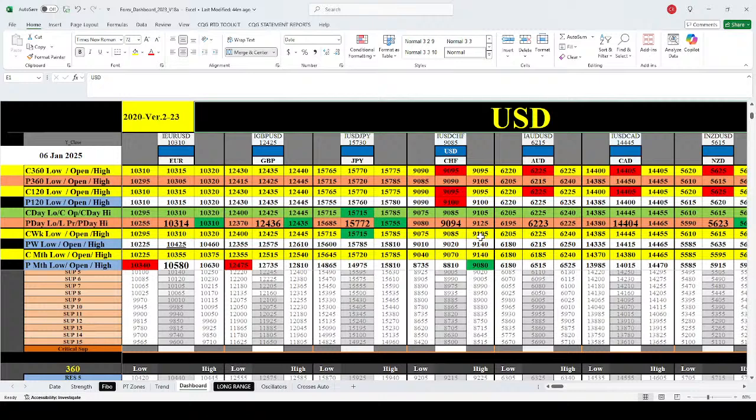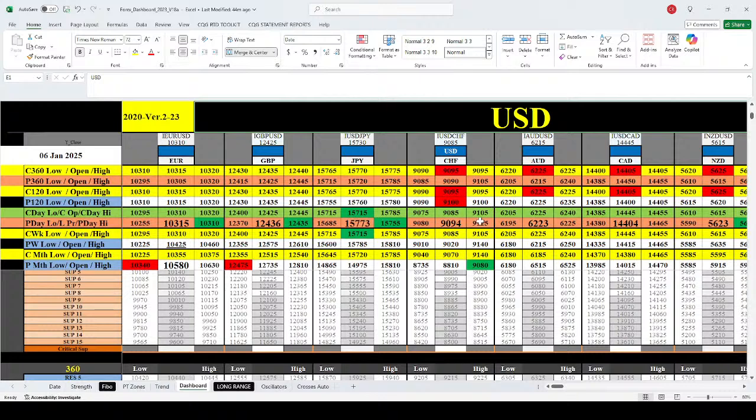Okay, now let's see here. Your previous day high is 91.25 and current day high is 91.05 and previous week high is 91.40. So which means to say we are seeing lower highs.